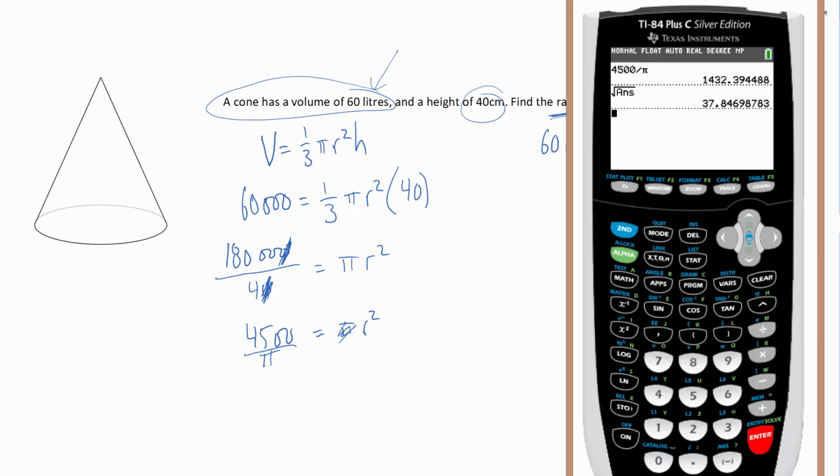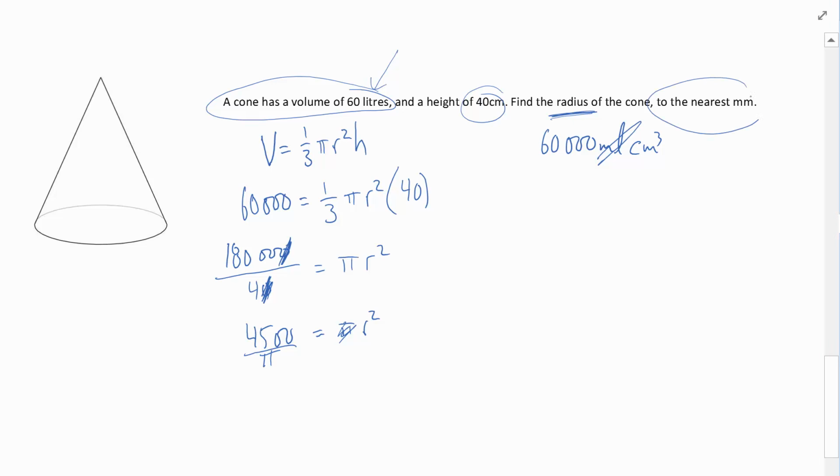So it turns out we've got a radius of 37.8 centimeters approximately, and it says to the nearest millimeter, so that's the value there. R is approximately 37.8 centimeters.